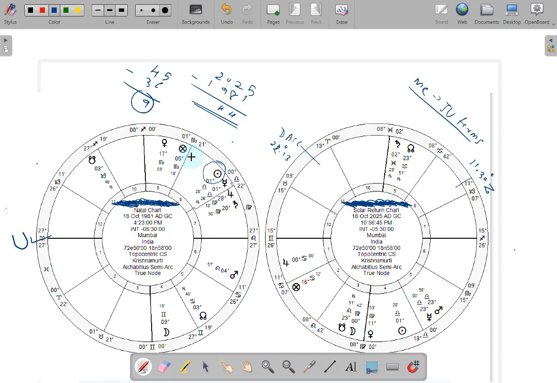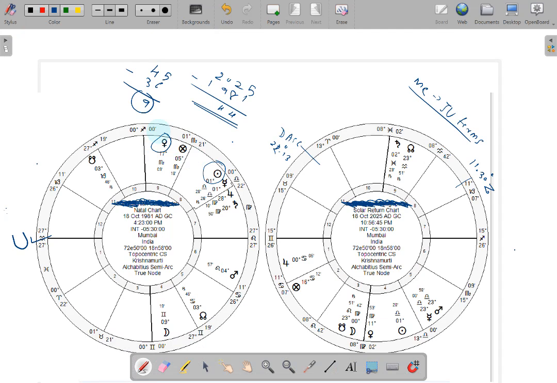So Venus becomes a very important chronocrator. And where is Venus? Venus is placed in the 9th house of the natal chart, right? So definitely it is triggering 9th house related matters, being a benefic as well, and hence foreign travel is something that can be predicted, right?